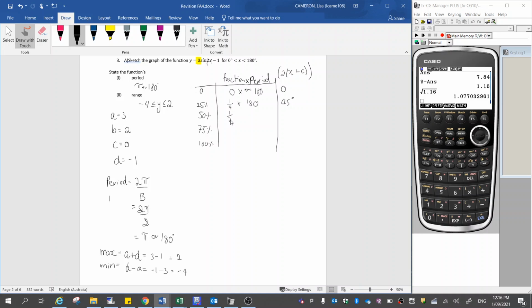The next one will be half of 180, which will be 90 degrees. The next one will be 3/4 times 180, which really means that I've got 3 lots of 45, which is 135 degrees. And lucky last is just 1 times 180, so 180 degrees.